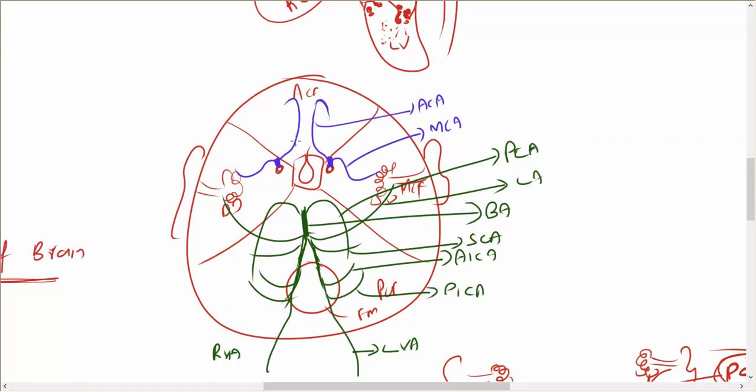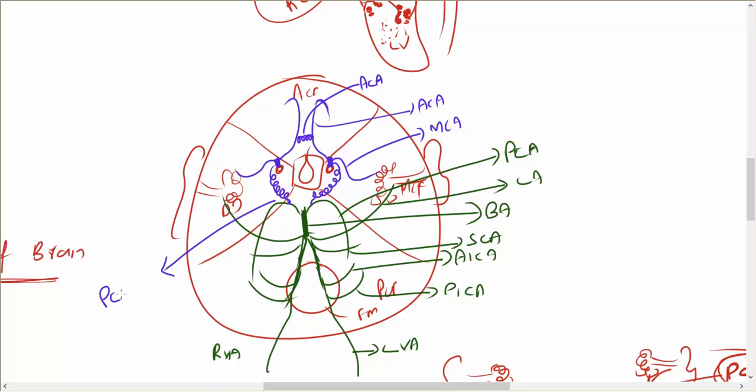Between the right anterior cerebral artery and the left anterior cerebral artery there is a communication called the anterior communicating artery. Understand? And there is a very important communication between the internal carotid artery and the posterior cerebral artery. What is this name?